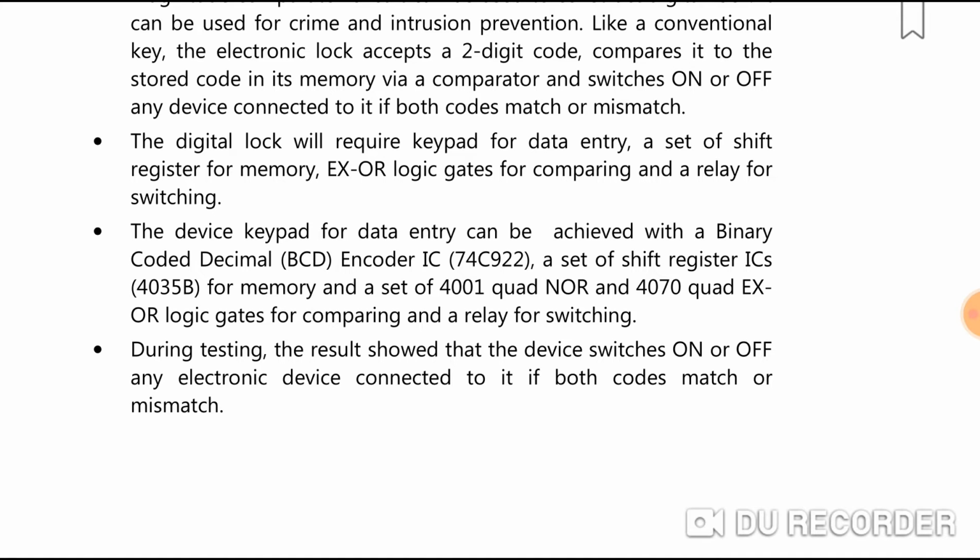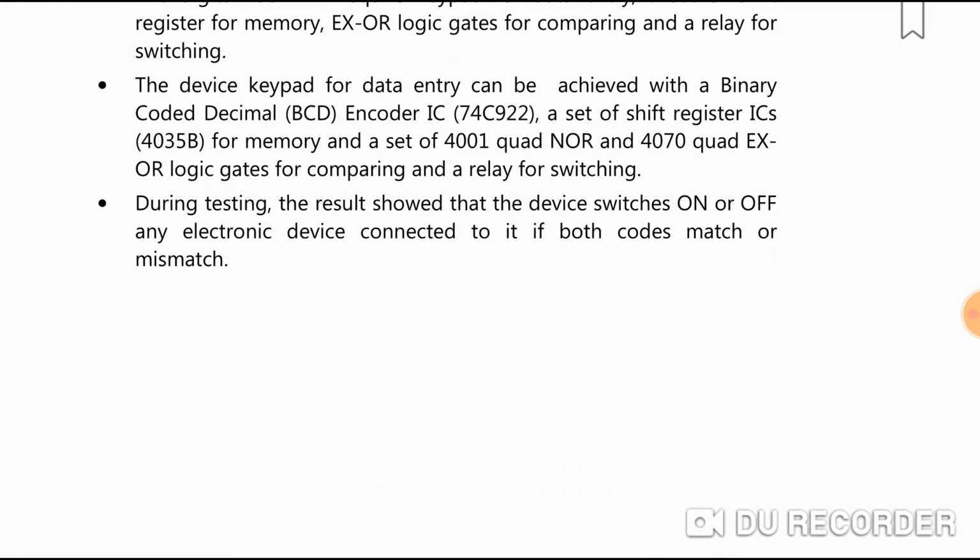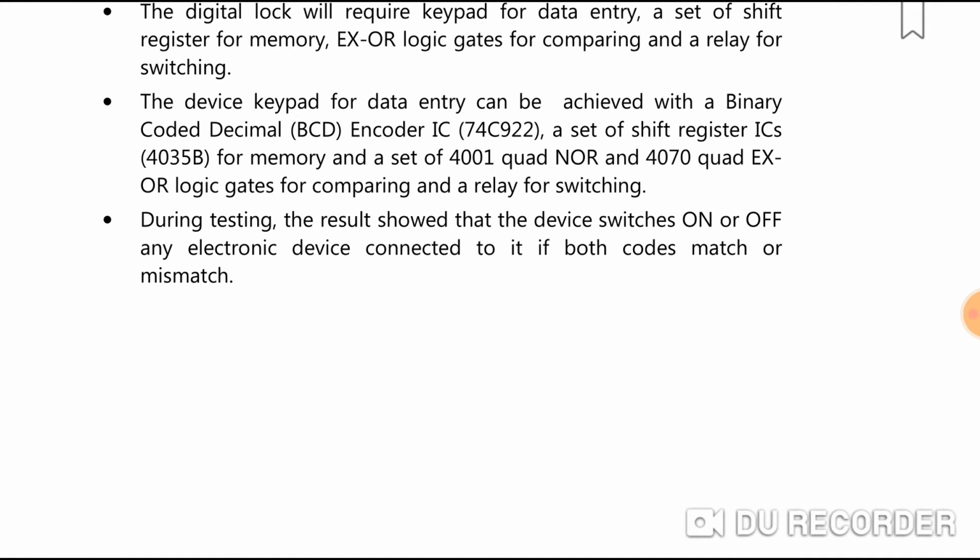The keypad for data entry can be achieved with a binary coded decimal encoder IC, a set of shift register ICs for memory, and a set of 4001 NOR gates and 4070 XOR logic gates for comparing, and a relay for switching. During testing, the results showed that the device switches on and off any electronic device connected to it if both the codes match or mismatch.